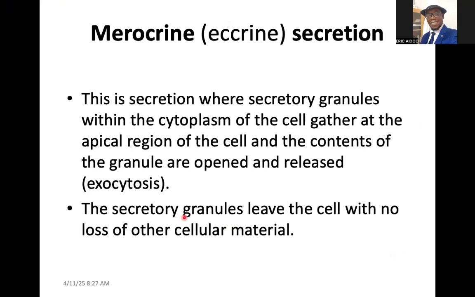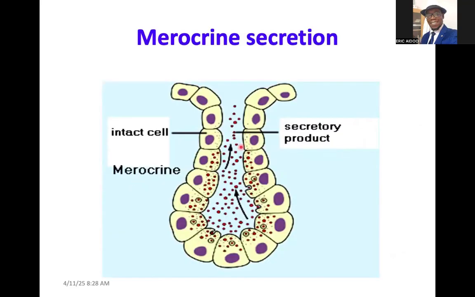No part of the secretory unit will be a portion of the secretion. Only the substance that has been secreted will be exposed to the surface. No part of the cell of the secretory unit will become part of the substance that has been released. So note that. This is an example of a merocrine type of secretion.